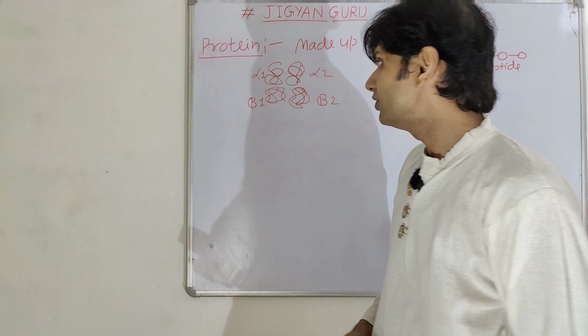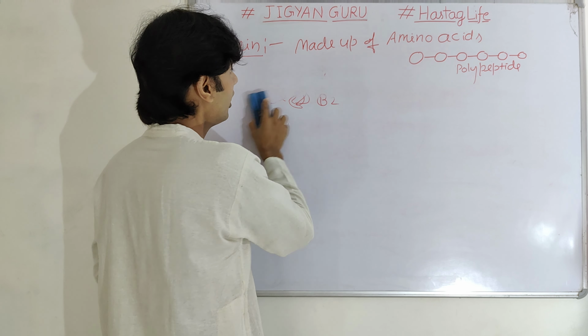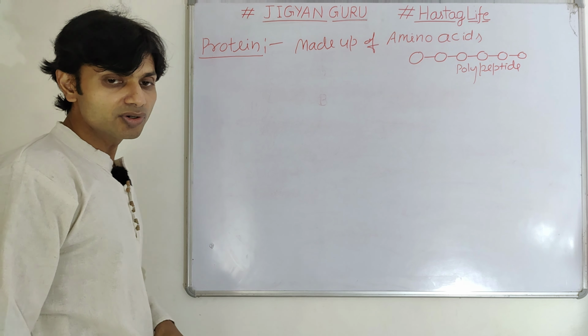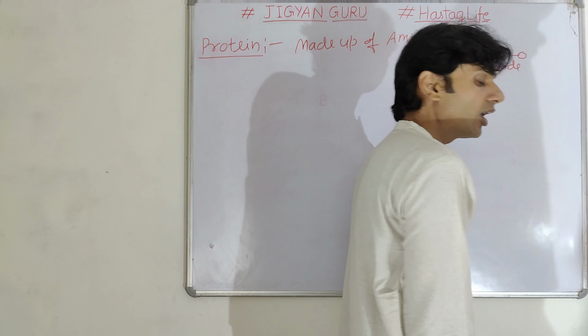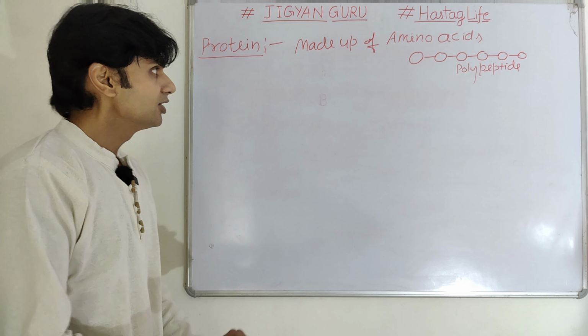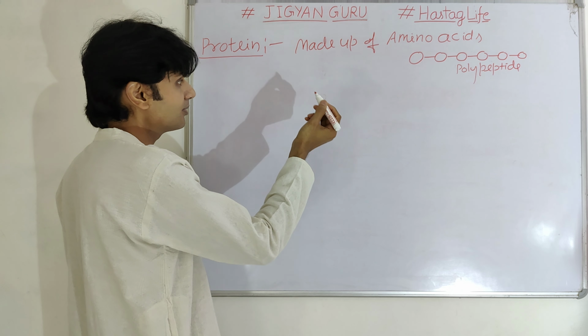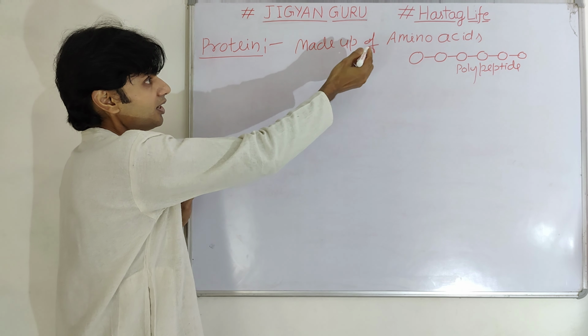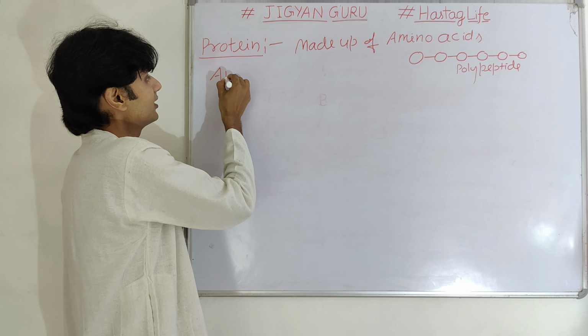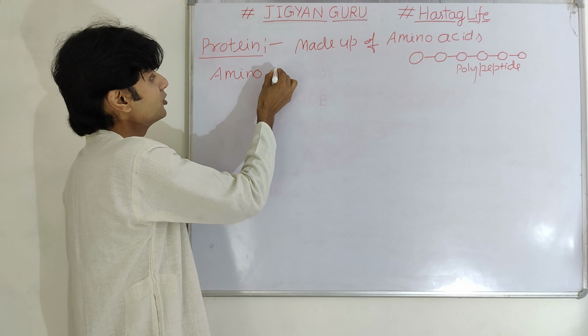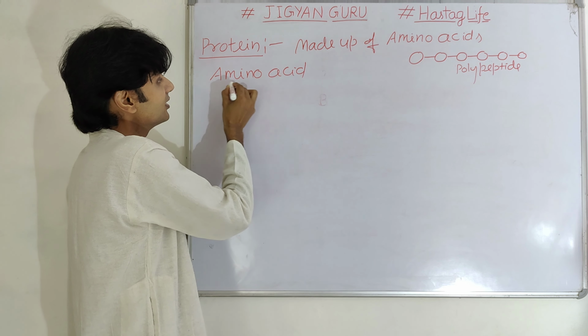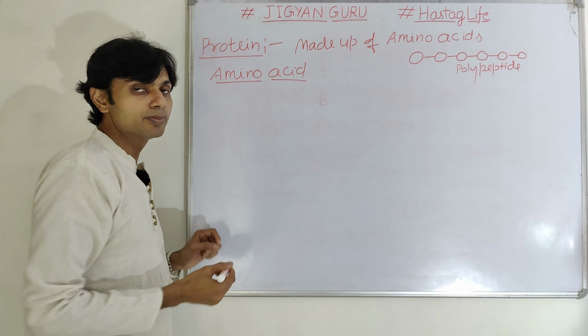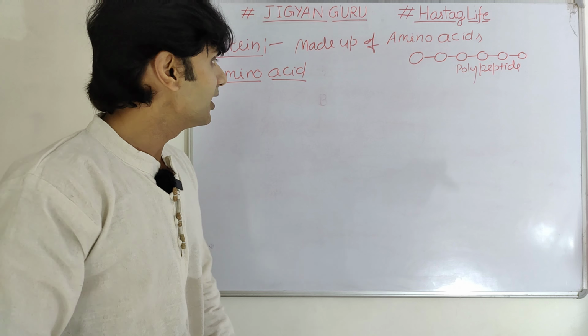Now, let us see how these amino acids join together and how they form protein. Let us take an example of an amino acid first. As the name suggests, it is an amino acid, meaning it must have an amine group and an acidic group.